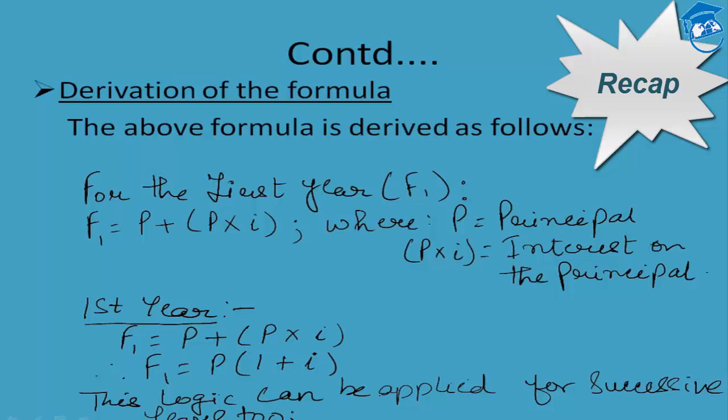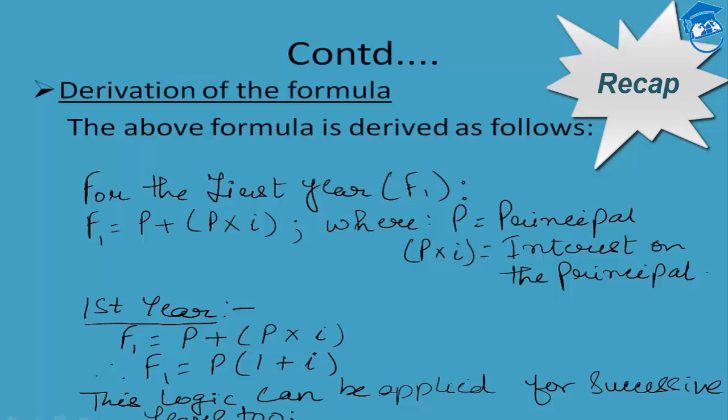Further simplifying it, when we take the P common, we are left with 1 plus I. So F1 is equal to P within bracket 1 plus I, which is the same as the mother formula, F1 is equal to P plus PI, where P is the principal and P into I is the interest on the principal. The moment we add the principal and the interest on the principal, we get the future value F1, that is P plus PI, or $110 in the simple example which I took with you.